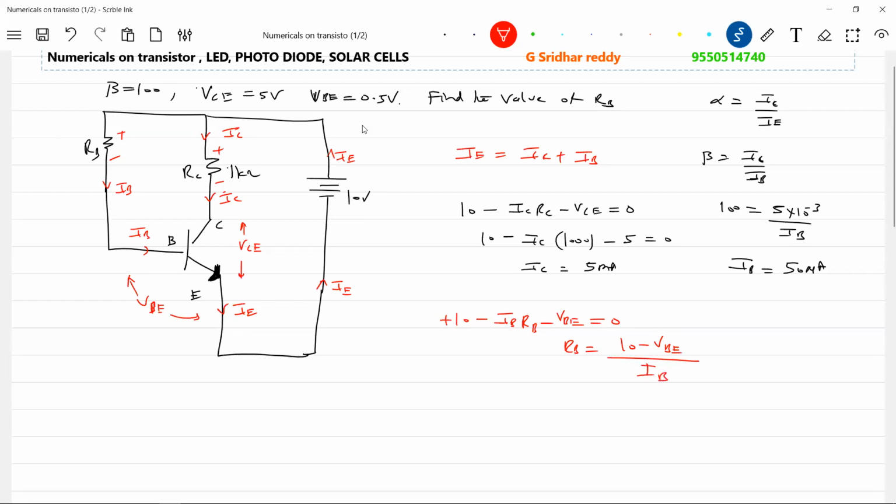Do we know IB? From here, 10 minus 0.5, solving this will be 9.5 by 5 into 10 to the power of, so 190 kilo ohm.